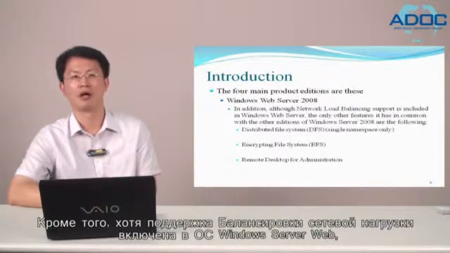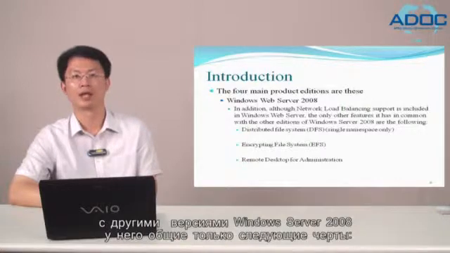In addition, although network load balancing support is included in Windows Web Server, the only other features it has in common with the other versions of Windows Server 2008 are the following.